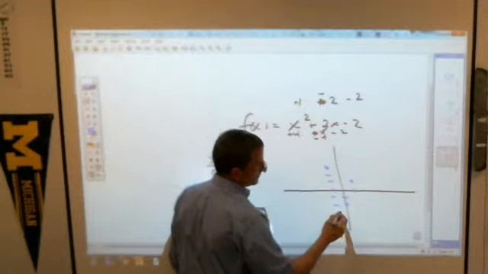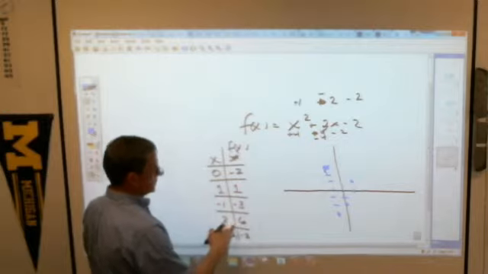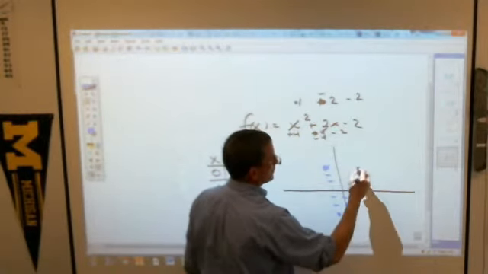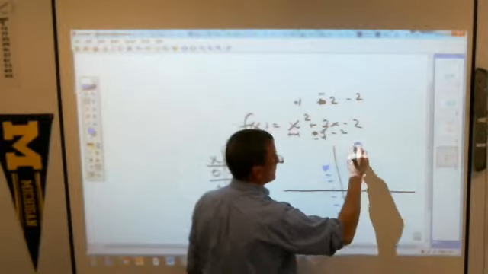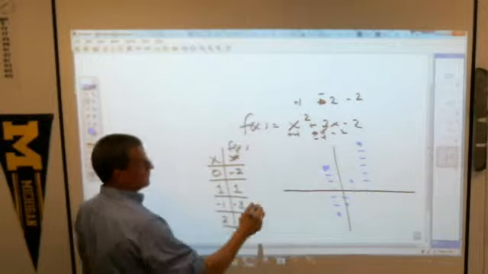We have to get rid of this one here. That one's not there. What's 2, 6? Something's not right here. Something's wrong here. Negative 2, negative 2.